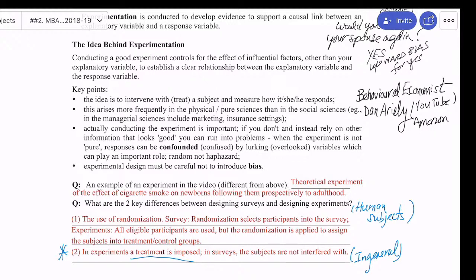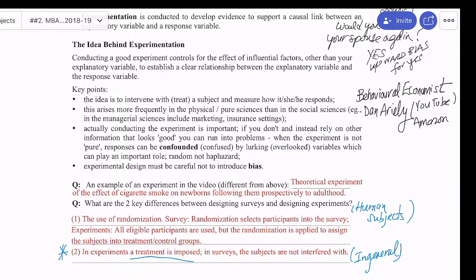You screen them, make sure that they're eligible and it's safe for them to be involved. And then you label them and use a random digit generator to assign them to treatment and control group. In other words, you use all the subjects that you can.